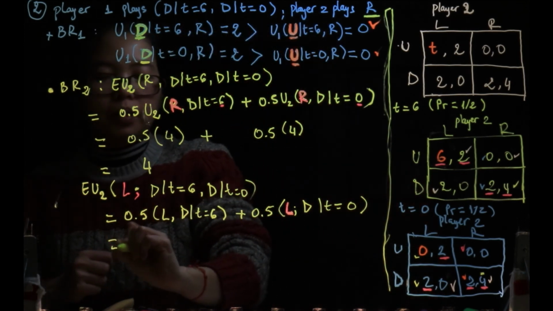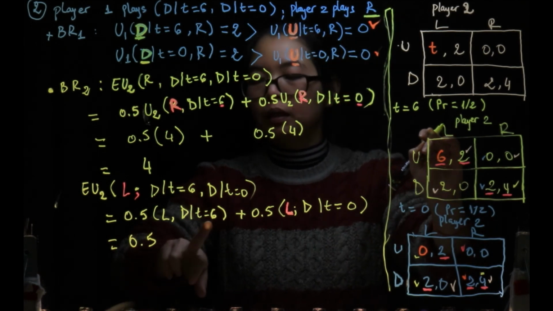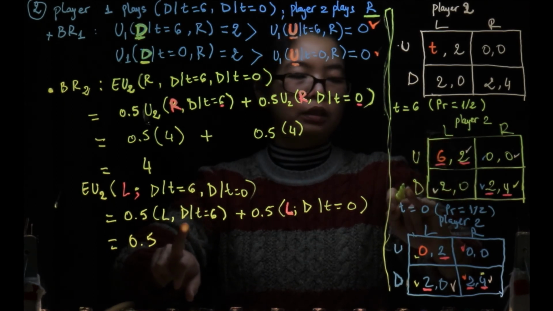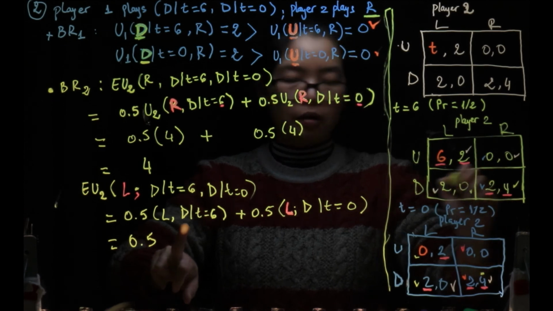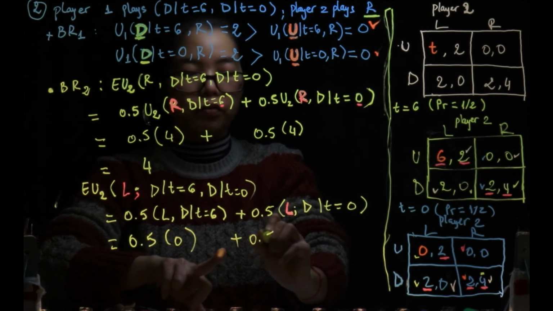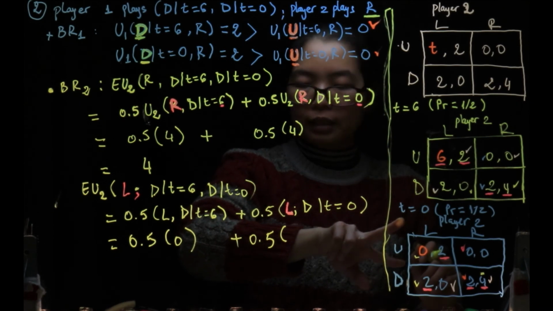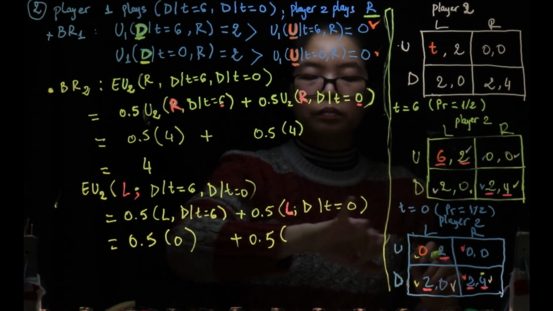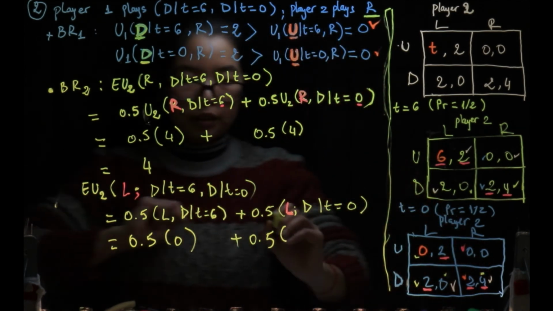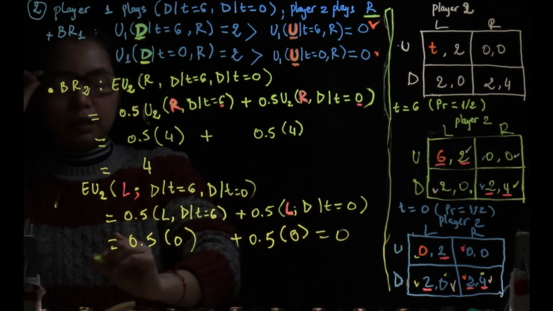Now, again, 0.5 times left. So first column, t equal to 6, this is the right table, the second table, down here, and the second pair, so that is 0. Plus 0.5 times, now moving to t equal to 0, last table, left, first column, down, last row, and the second pair, so 0, which is 0 at the end.